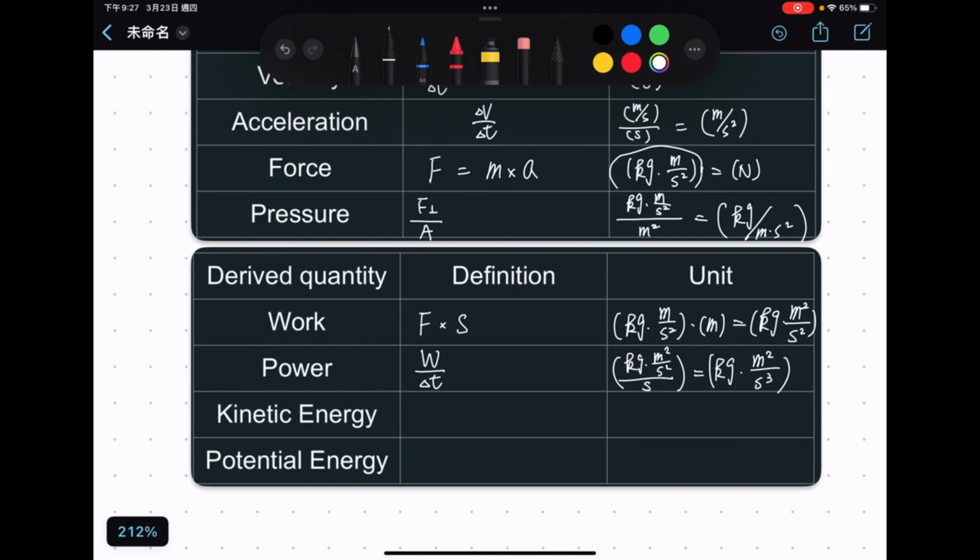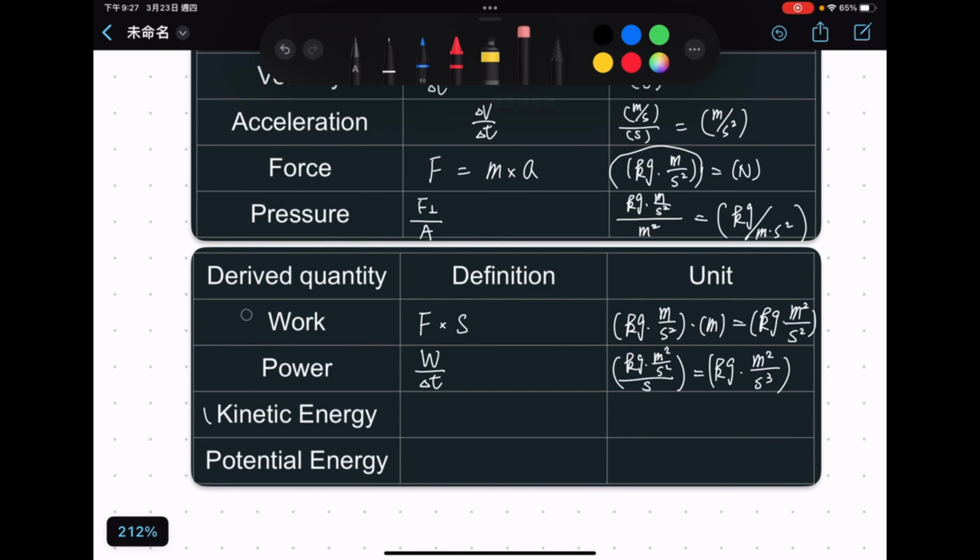Somebody will think it's hard to imagine or hard to remember the kinetic energy and the potential energy. I understand, but the unit of these two energies is the same as work, because work is the transfer from energy A to energy B. So the unit of these three is all the same.